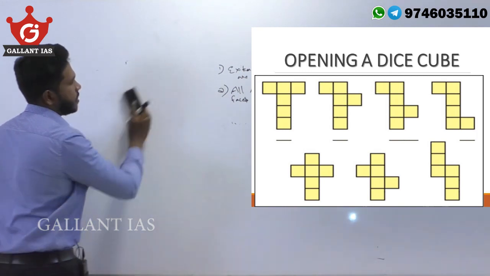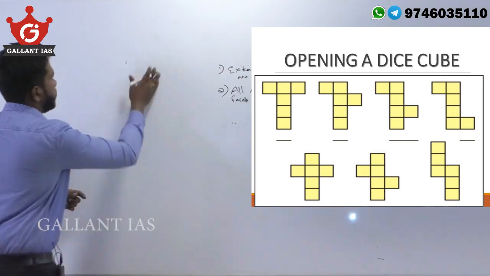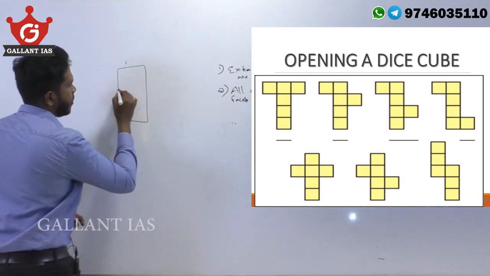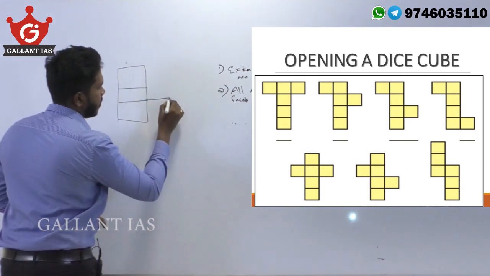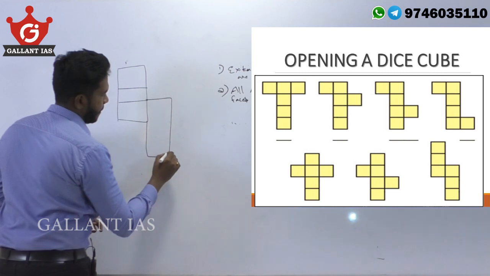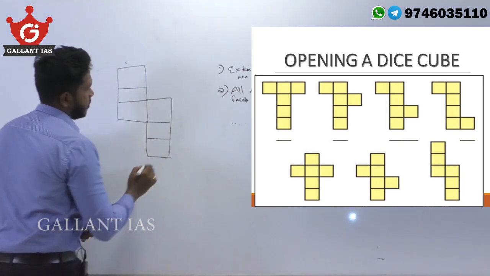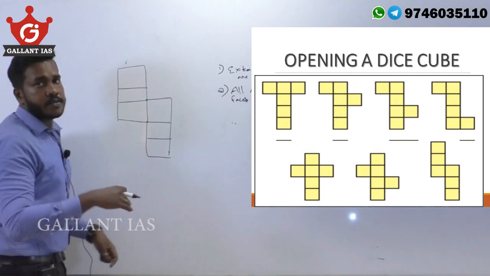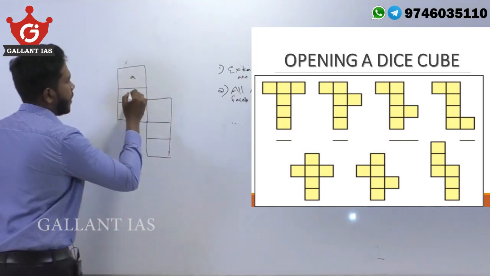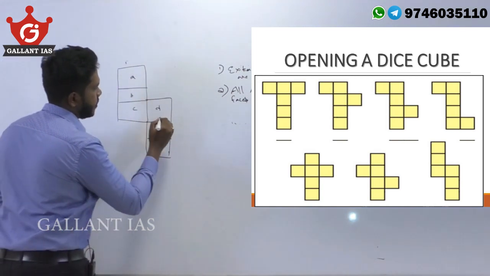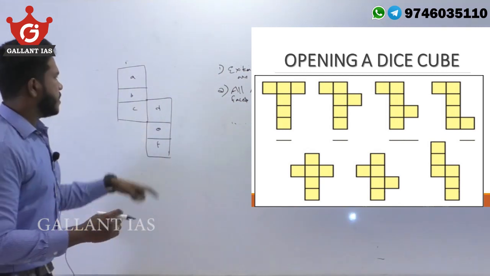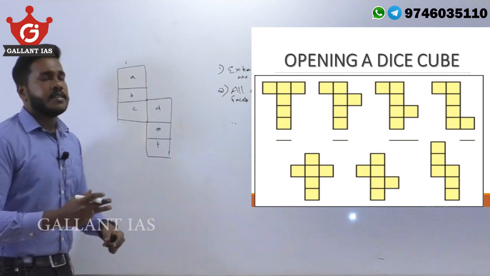In the seventh format, it will be looking like this, right? This is actually the seventh format. Now I am going to name this format A, B, C, D, E, F. So here the central faces are missing, right?